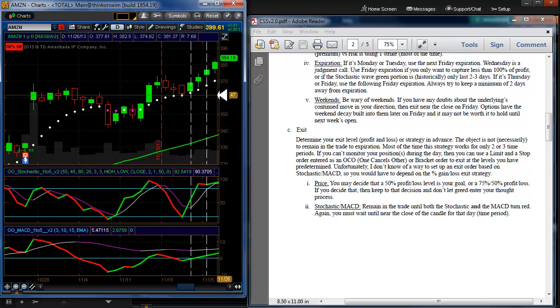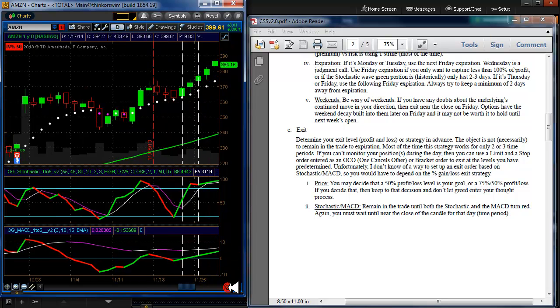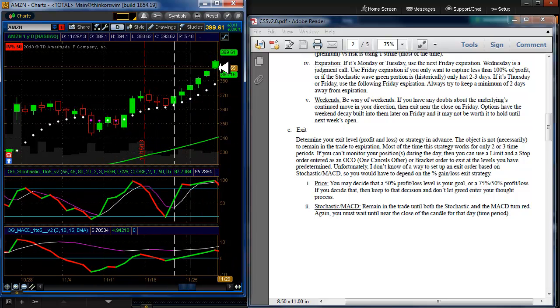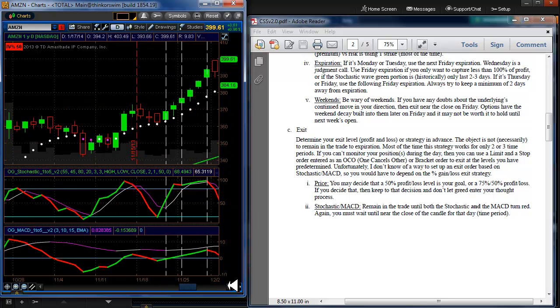All right, so the next day, as we can see here, stochastic went back to green and MACD continues to be green, so we would stay in the trade. And then the next day, they're all still green and we would still be in the trade. And then the next day, I'm not sure, is this expiration? Yes, this would be expiration here because we got in on Thursday, and here's Friday, and then Monday, Tuesday, Wednesday. Must have been a holiday that week or something?